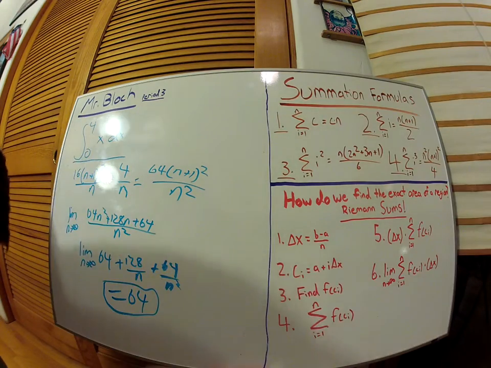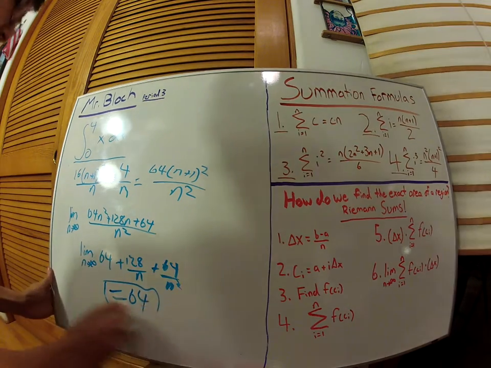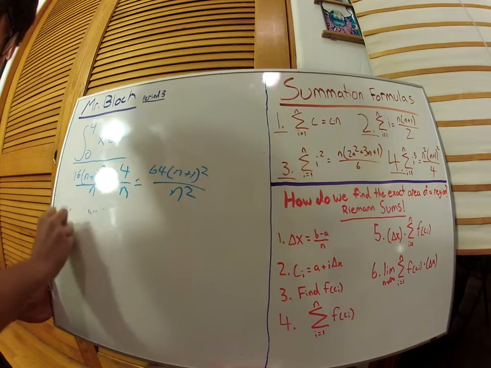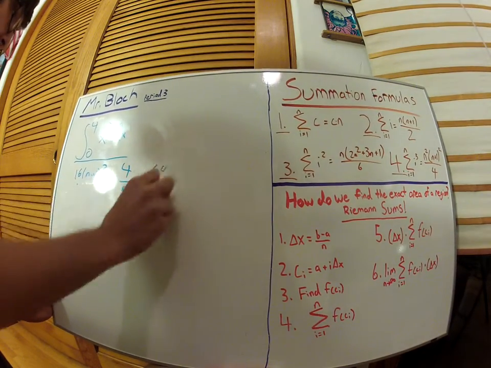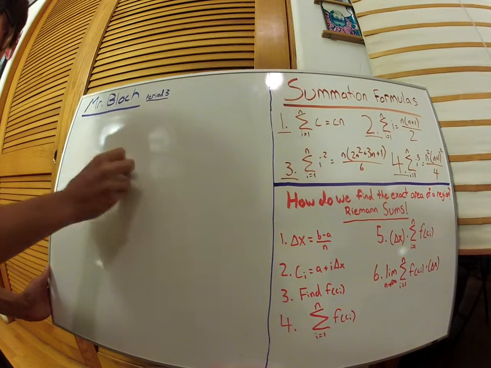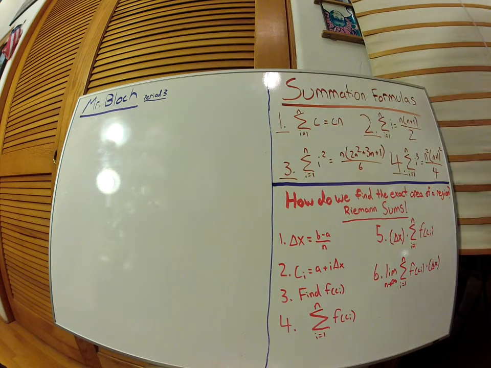Alright, so now that we know how to do these, I just want to give a little something to look at when we're doing these. When you're looking at integrals, you want to make it as simple as possible for yourself. You don't want to have to do this much work. There's a couple things you can look out for.